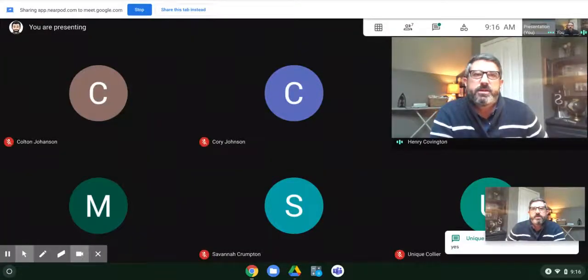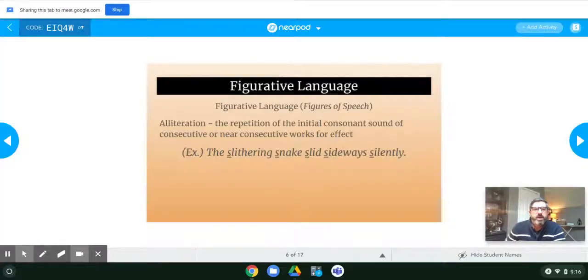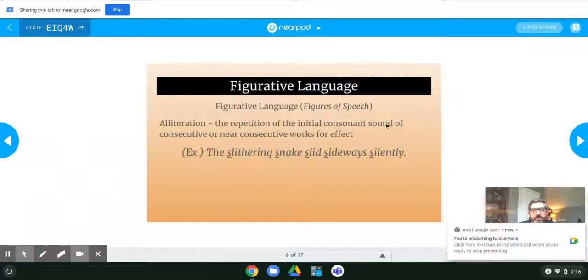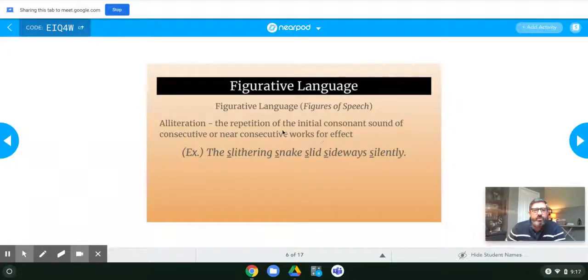Yes, thank you, Unique. All right, next is alliteration. This is the repetition of the initial consonant sound of consecutive or near consecutive words for effect. So the initial consonant sound means the very first letter in the word. Consonant sound is anything other than a vowel. Your vowels are A, E, I, O, U. So in this example, the slithering snake slid sideways silently.